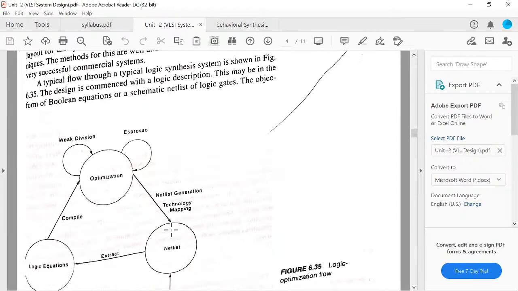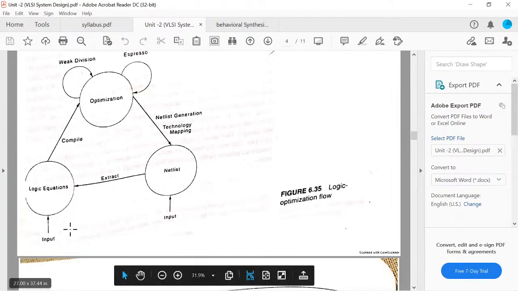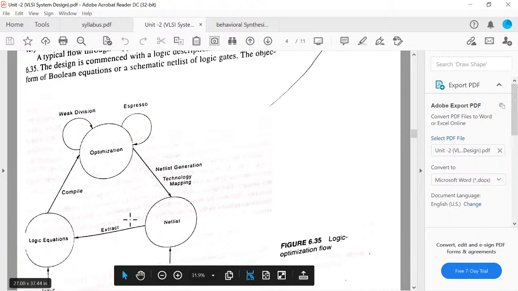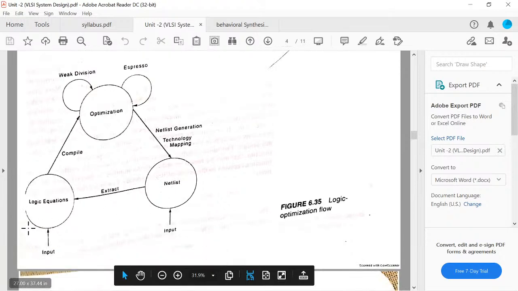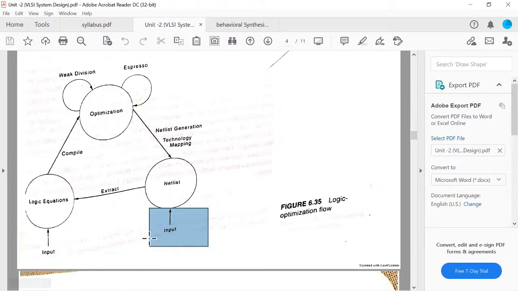So the input can be in the form of a logic expression, or it can be in the form of a netlist also. A netlist is nothing but a description of the inputs and outputs, and also the connectivity of the circuit, using some programming language.